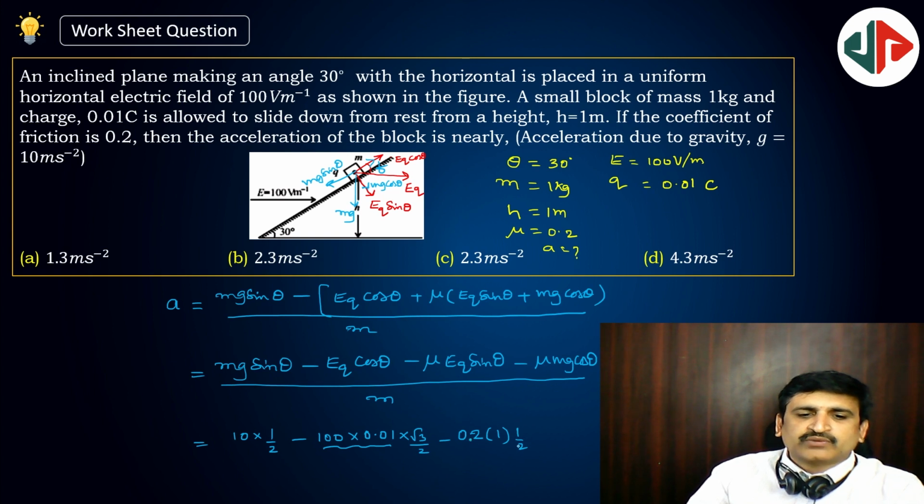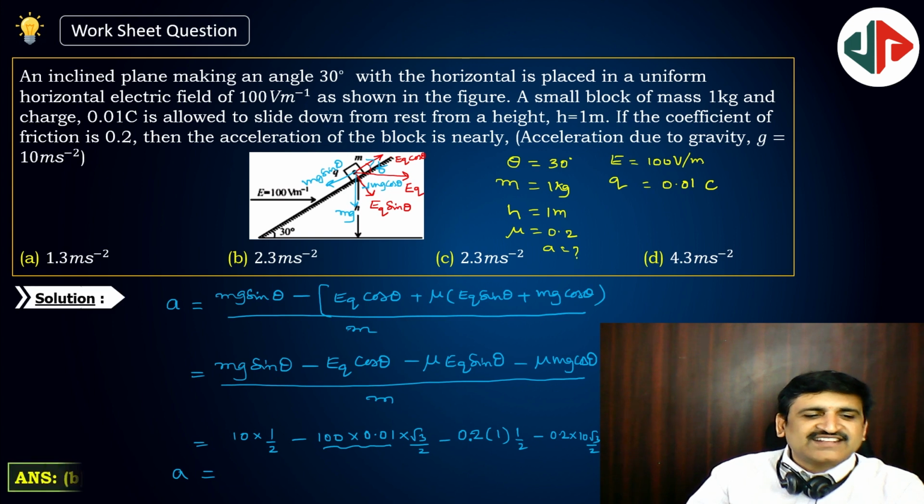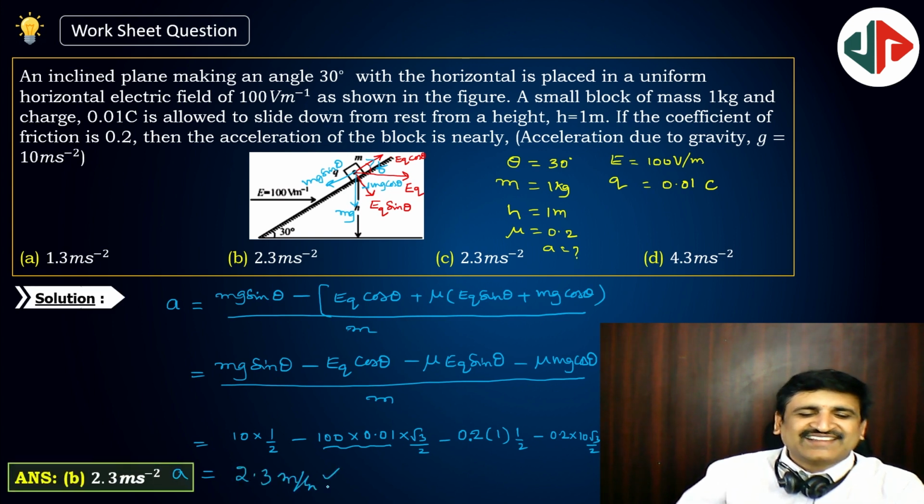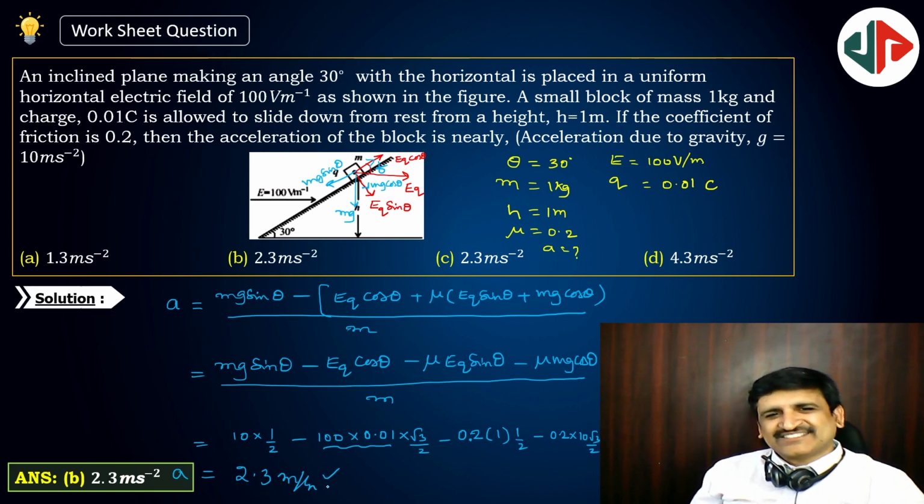Minus mu value 0.2 into mg value, m is 1 only, so g value 10 into root 3 by 2. So acceleration a is equal to 2.3 meter per second square. Okay, next.